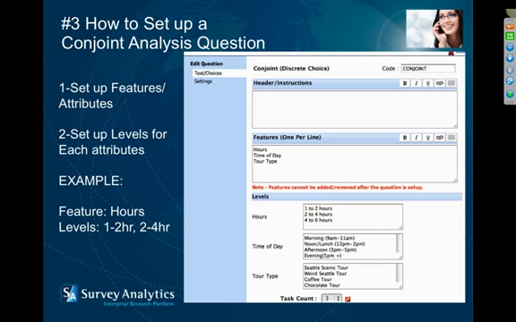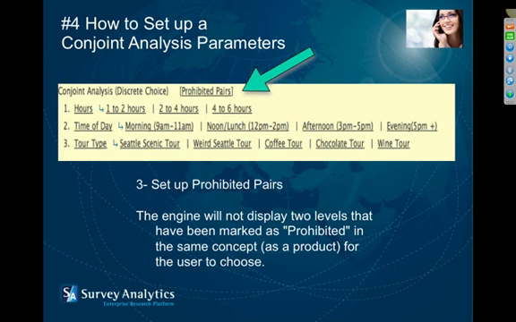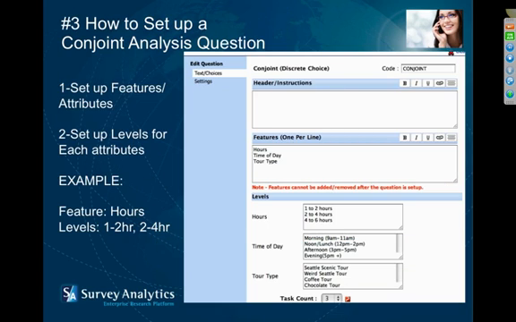Let me go ahead and click on next. Oops, actually let me go back one. And hopefully you can see this below. Below that you'll see that you can set up your task count. Task count is the number of pages or cycles that your conjoint analysis question will go through.